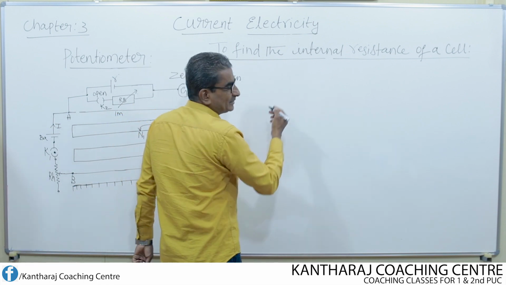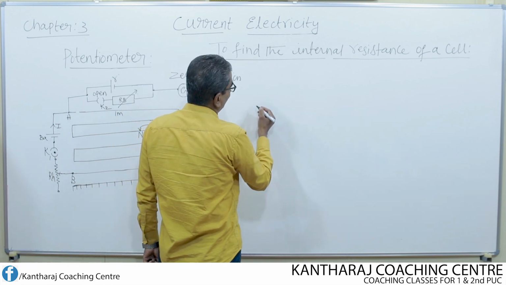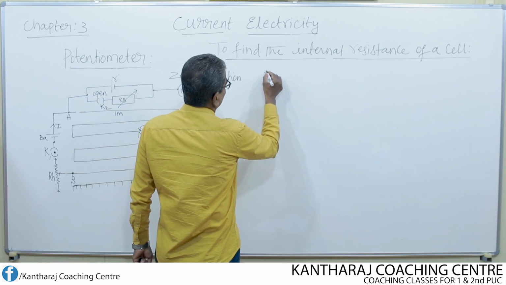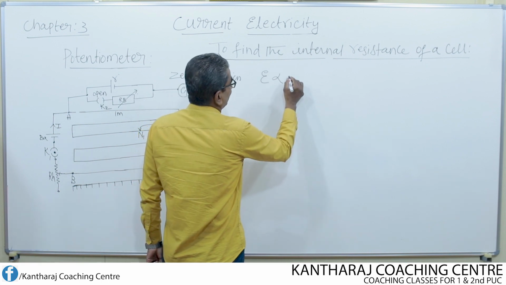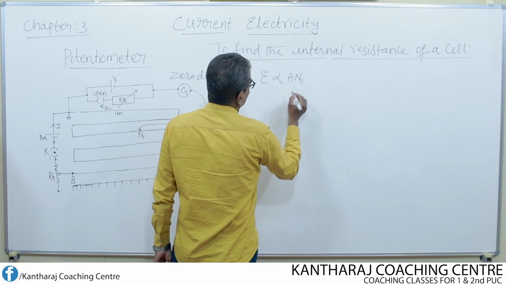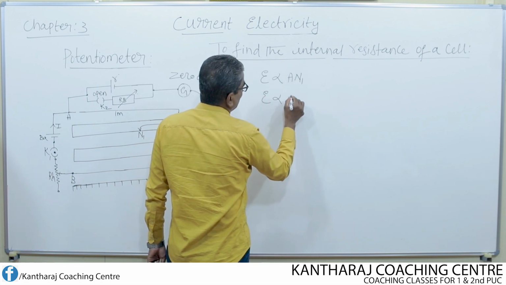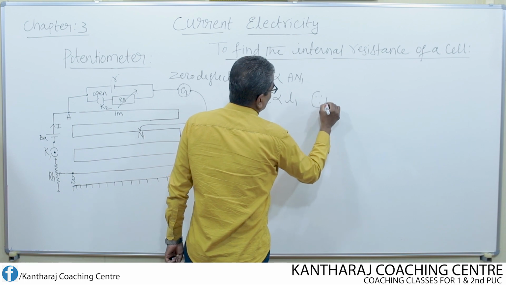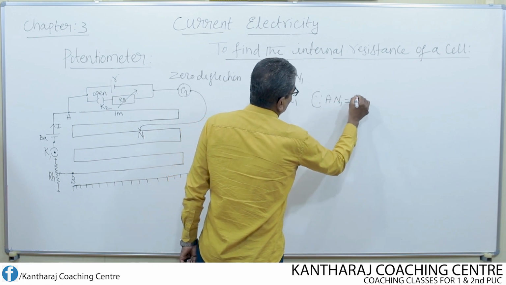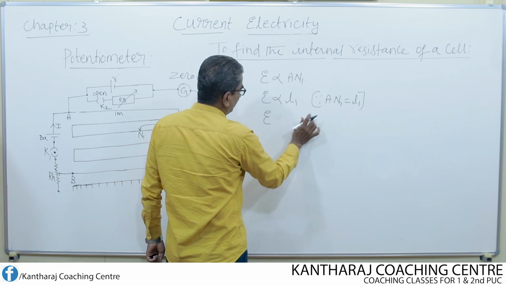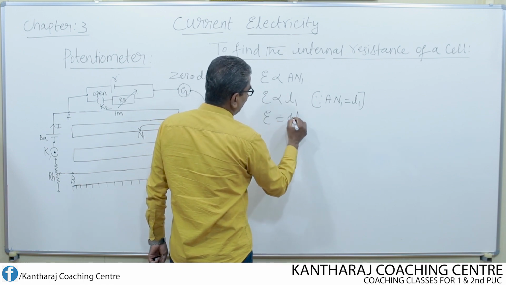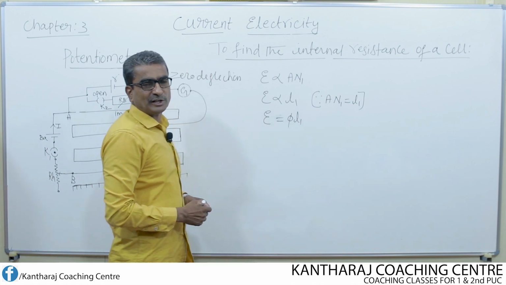According to the principle of potentiometer, E is proportional to AN1. That means E is proportional to L1, because AN1 is equal to L1. Or this E can be written as phi into L1, where phi is known as the potential gradient.